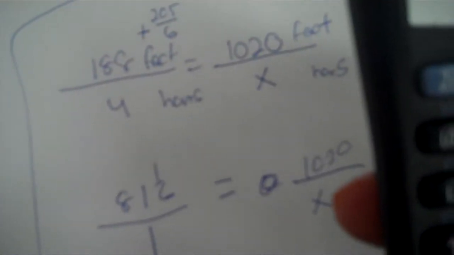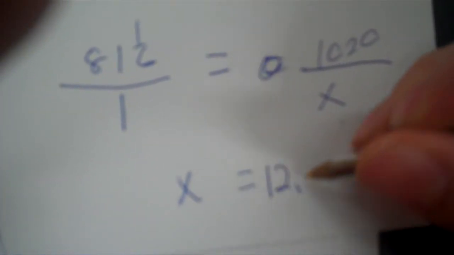And I divide by 81 and 1/6. Okay. I get between 12 and 13. So 276 over 487 is reasonably close to a half, so I'm just going to put 12.5. Just get it somewhere close.